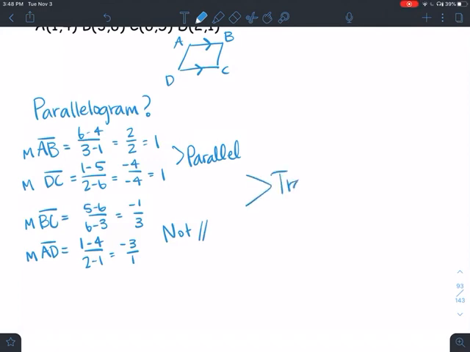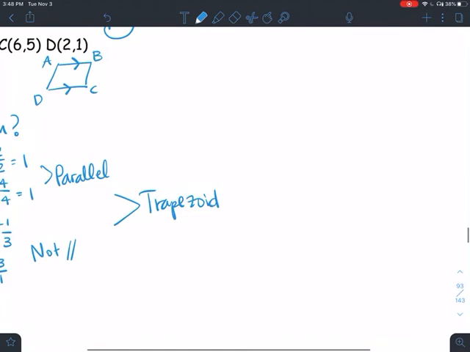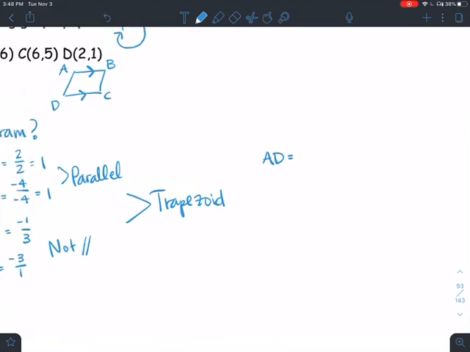Now, I can stop there if I can't get any more specific, but in this case I can. What we want to do is see if our trapezoid is indeed an isosceles trapezoid. So what we need to check is our distance for AD and our distance for BC.